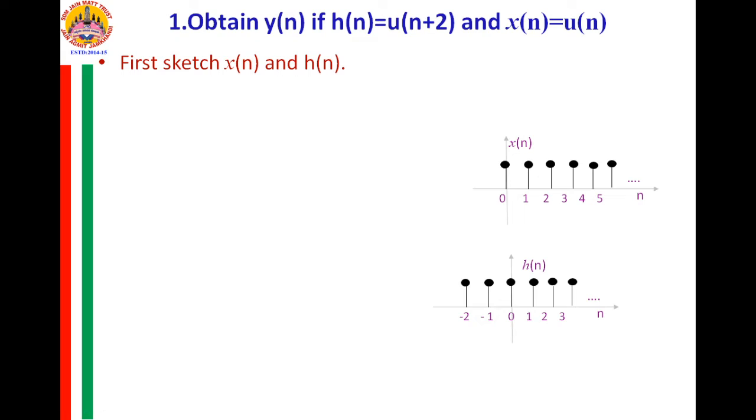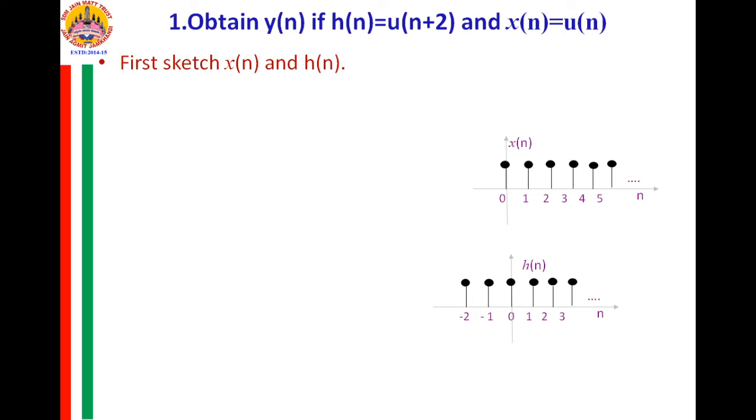Now, the next step is to evaluate the convolution sum. It is essential first to see what the existence of my y of n should be after evaluation, so that I can start from that value of y of n. As you have gone through in the previous class, while evaluating the convolution sum, it is essential to reflect the signal h of n about the origin, and based on that we go on shifting h of n either to the left side or to the right side, then multiply it with x of n and add all the samples of the product signal.